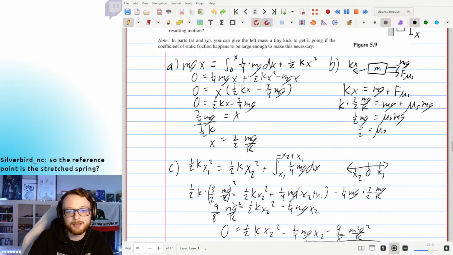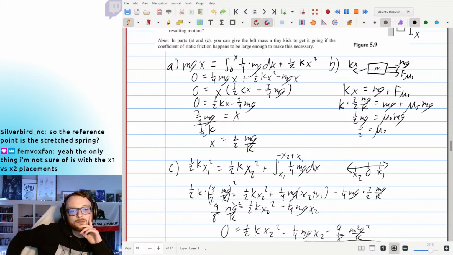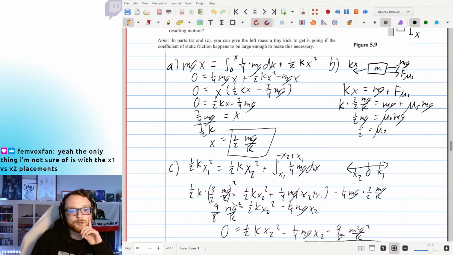So I just slammed a negative sign in front of x2 to hopefully fix that in the integral. It might have been better to define the 0 point from the x1, like from 0 to mg over k.